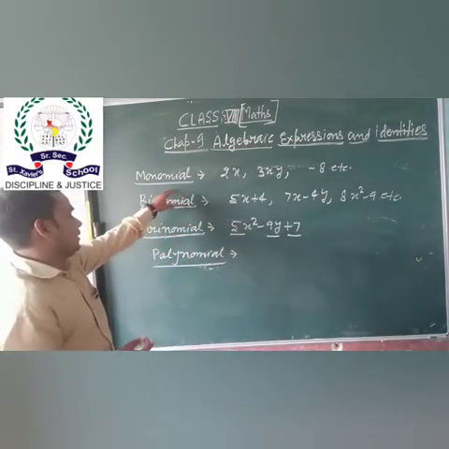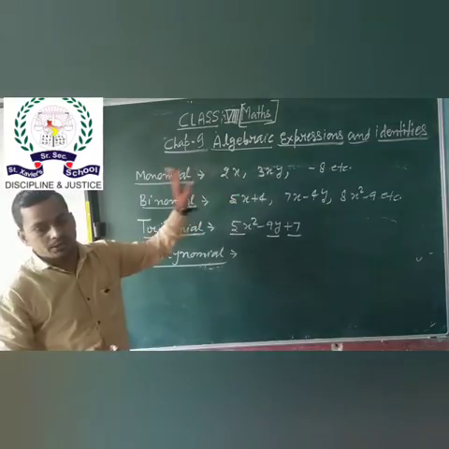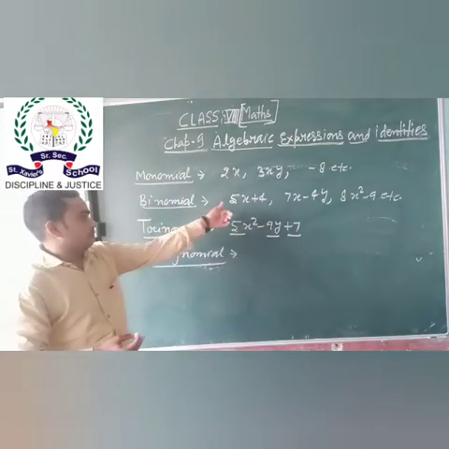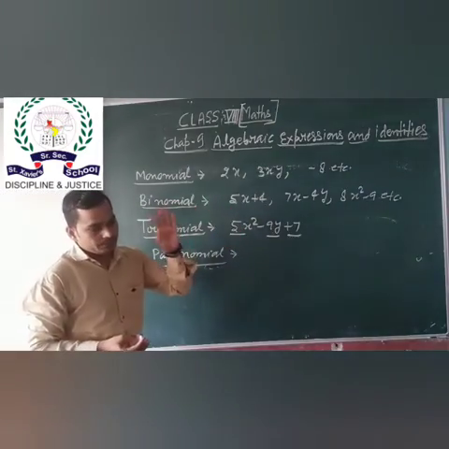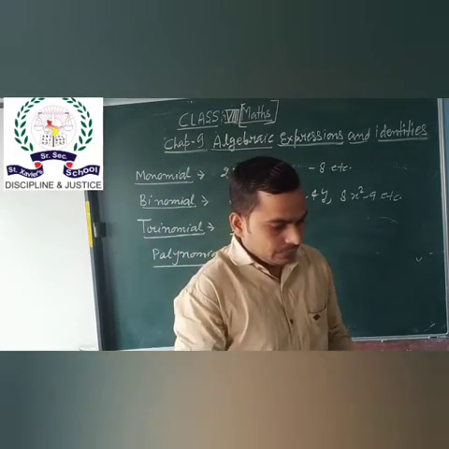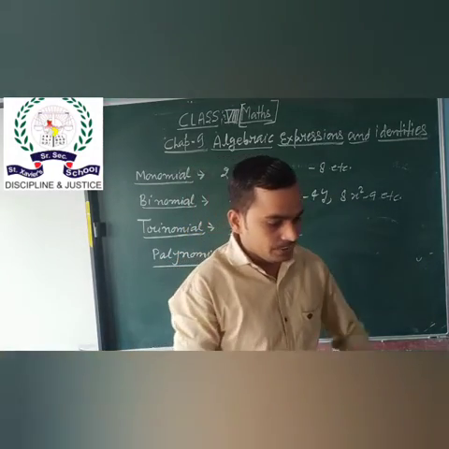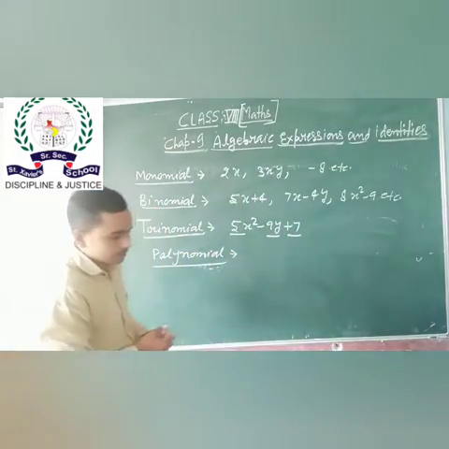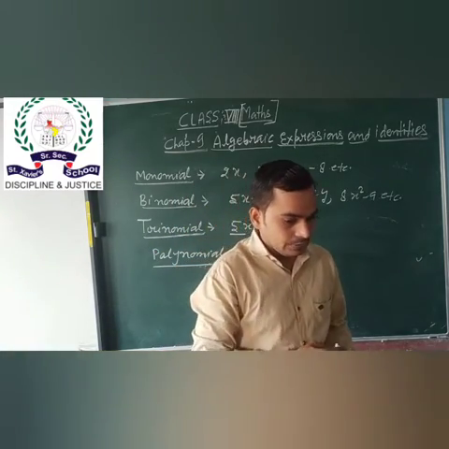So these are all the polynomials categorized. When we have one term it is called a monomial, when we have two terms it is a binomial, and when we have 3 terms a trinomial. An expression with more than 3 terms is called a polynomial, and with one term is also called a polynomial.